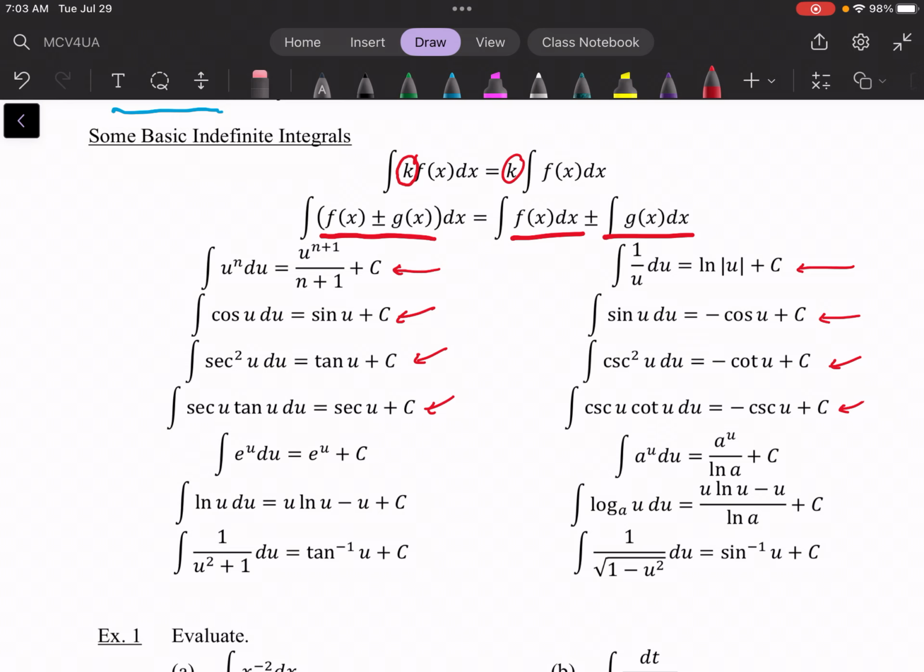Next, we have the antiderivative of the natural exponential function and the antiderivative of a regular exponential function. These next two are not commonly used, so many people just memorize these formulas, but you can use them if you need to.